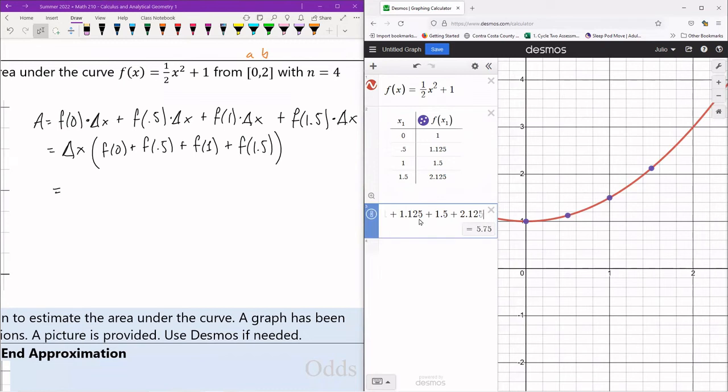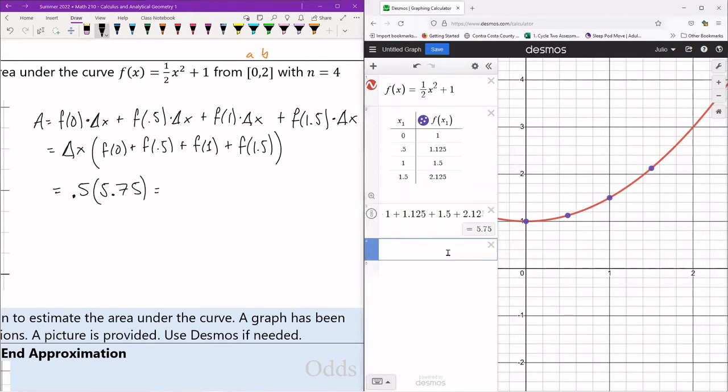So then this right here is 5.75. Okay. And my delta x, we know that is 0.5 because we calculated it earlier. So this is going to be 0.5 times 5.75, right?